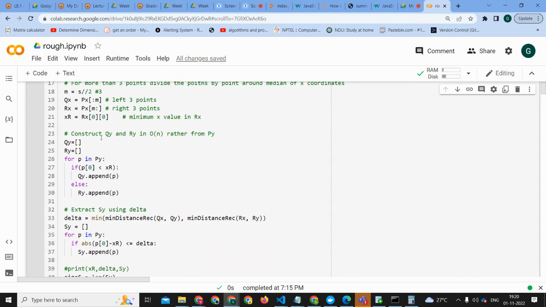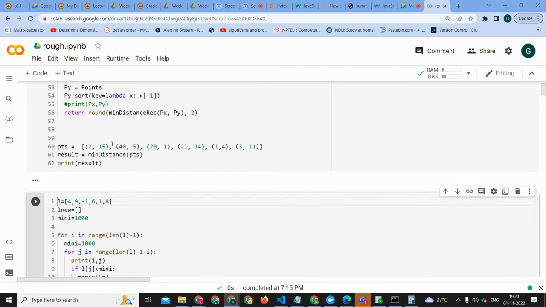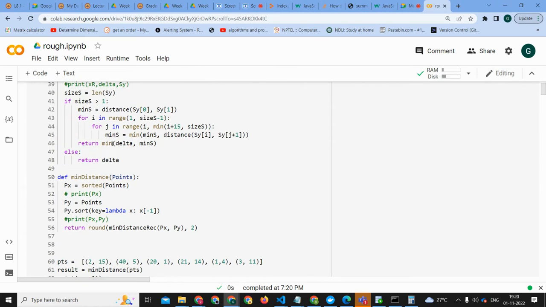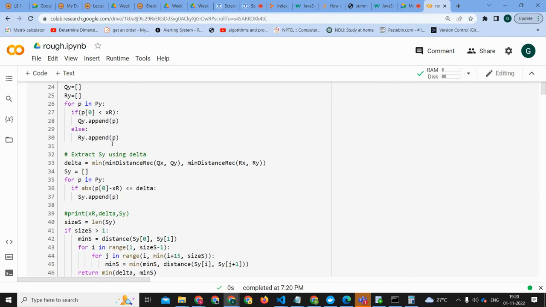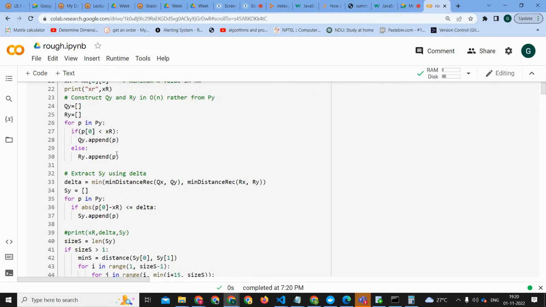Okay, hold on. Print it. Okay, I'm going to run this. Okay, it's 0 0, right? Rx of 0 0.